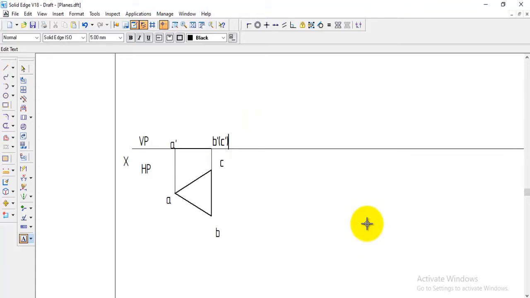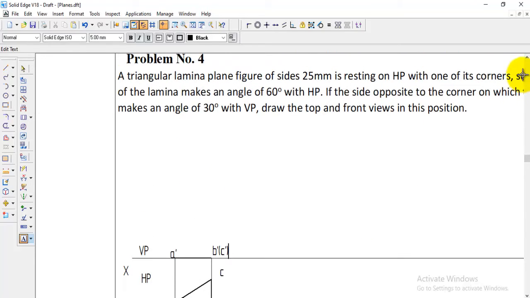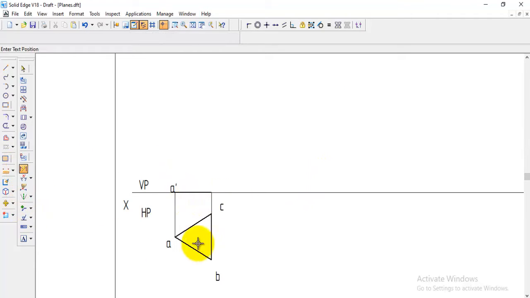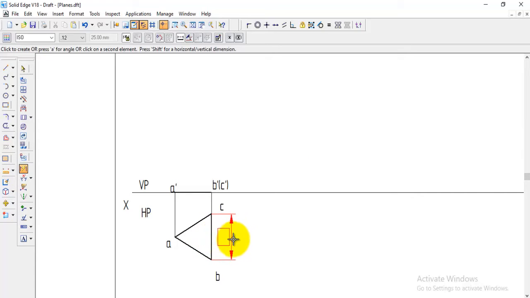Okay, the first step is finished, and the next step they give is that the lamina makes an angle of 60 degrees with HP. That means the lamina is inclined 60 degrees with HP, so this entire lamina should make 60 degrees here. Before that we can get the length of it. You can show one length, and this length we need for the second step.